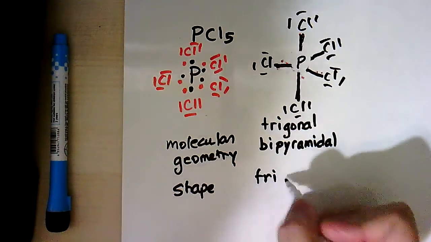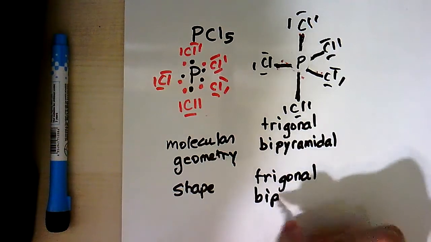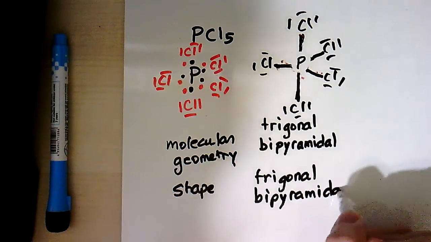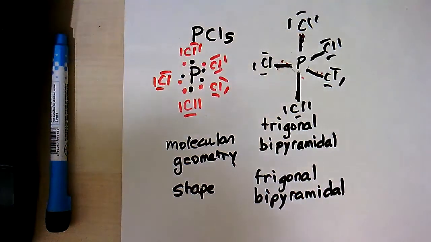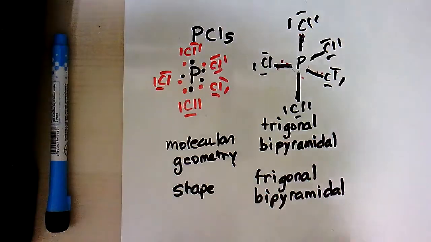Trigonal bipyramidal. There you go. So keep that in mind. I'm going to switch to another board here. I'm just going to flip it over. And then we're going to look at another molecule.